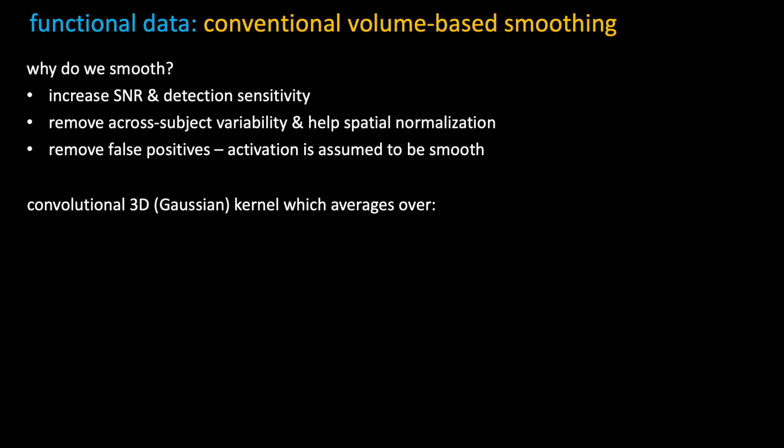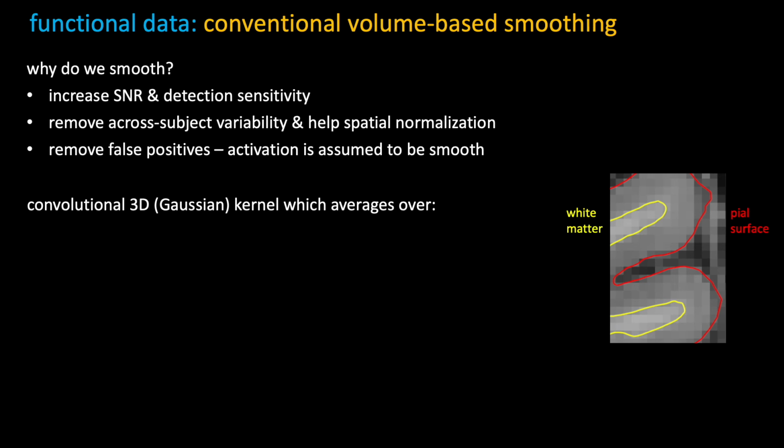But the 3D convolutional Gaussian kernels that are usually applied can smooth and average over a lot of things. As you can see here on this little cortex cartoon, this is actually 1.1 millimeter data, and the kernel is not really that large.